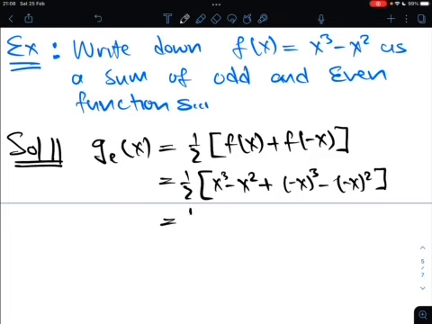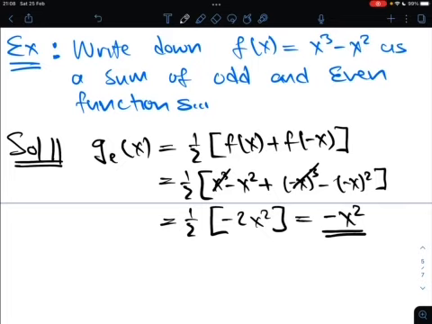So this simplifies to give us half, and the x cubed terms cancel each other out when we simplify, and we get negative 2x squared, which gives us negative x squared. So definitely we can all see that this is indeed an even function.